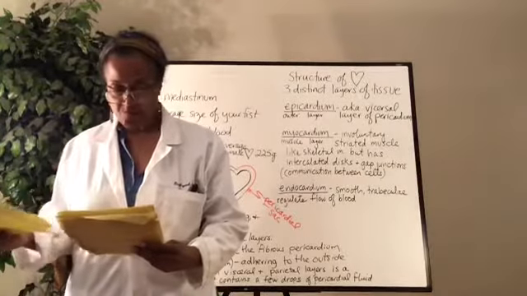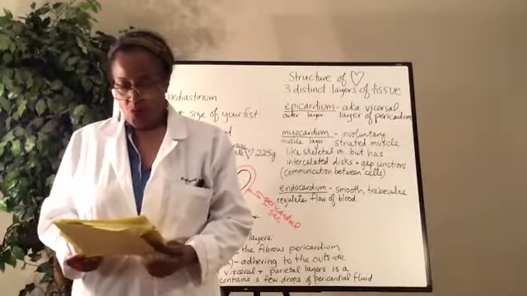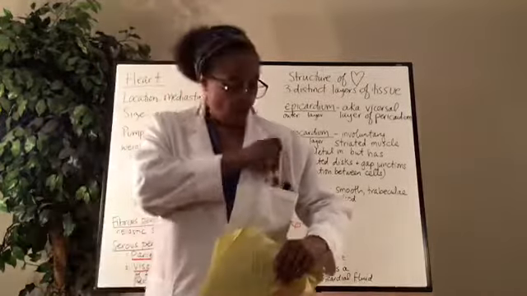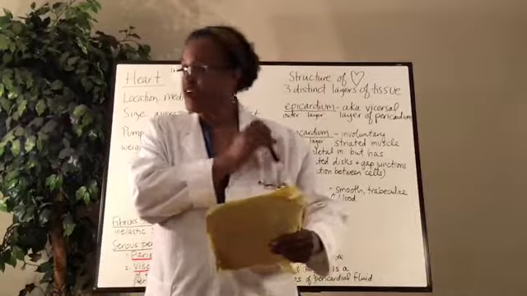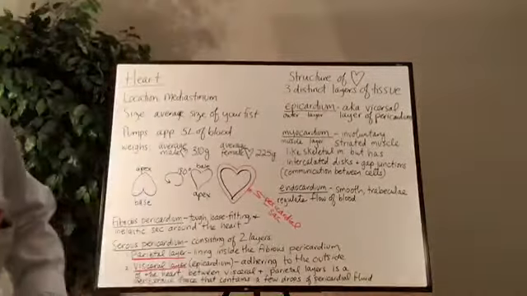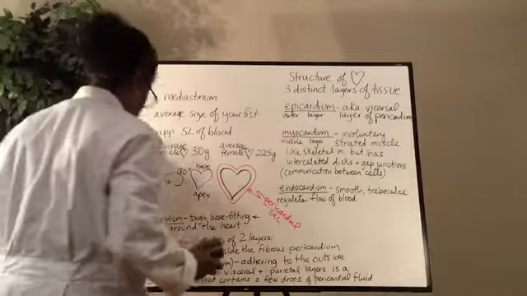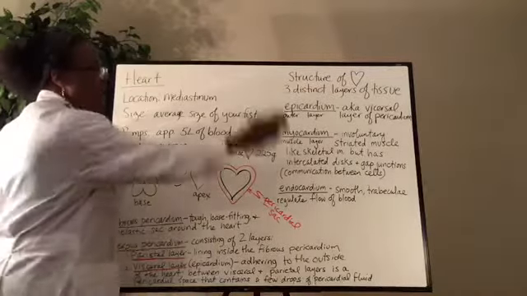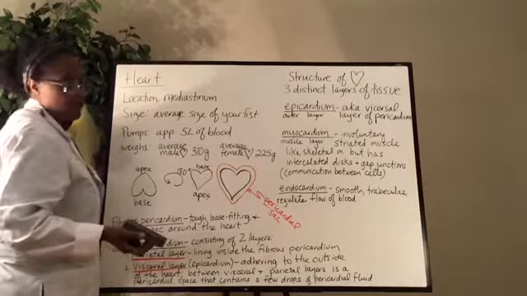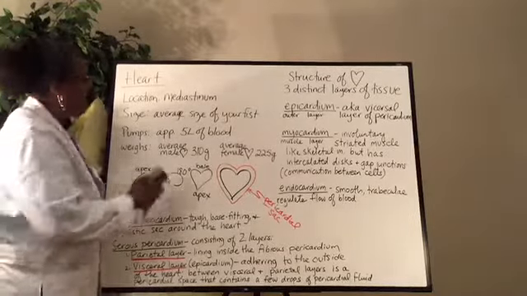The next thing then will be for us to talk about auricle. Auricle means little ear. So I'm just going to write these words up on the board here. And I think you got this pretty much. We don't need to really take a picture of it because I've gone over it a few times.